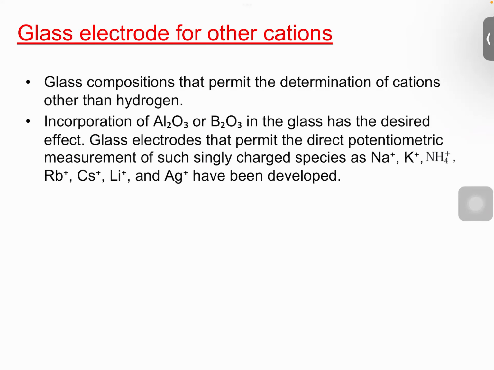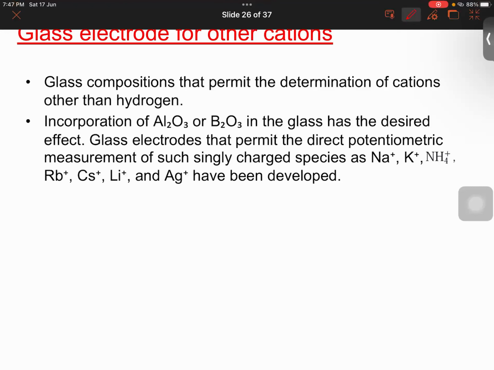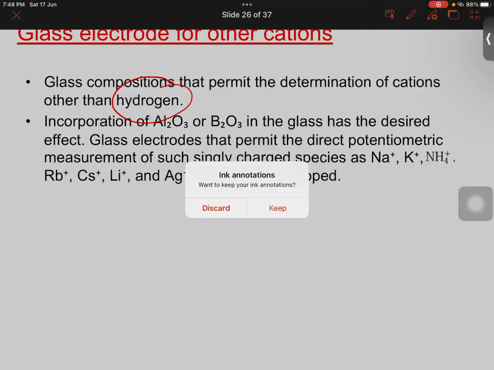So the glass electrode also can be used to measure other cations, apart from hydrogen. But then, as I mentioned in one slide, you have to modify the surface of the glass electrode.